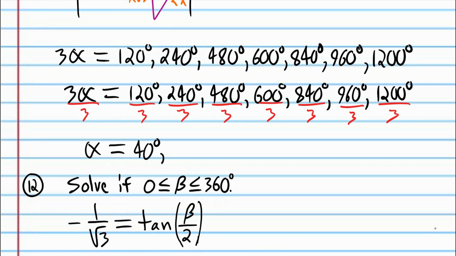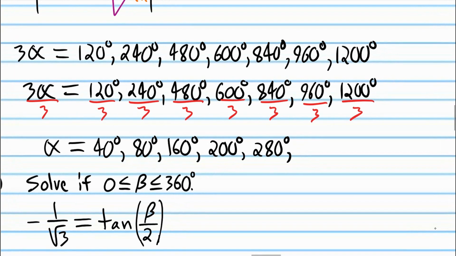And don't be afraid to use your calculator. 240 divided by 3 is 80. And 480 divided by 3 is 160. And 600 divided by 3 is 200. And 840 divided by 3 is 280.